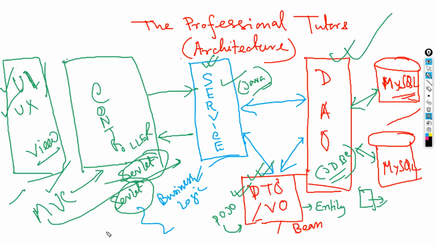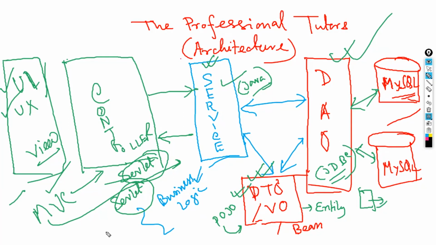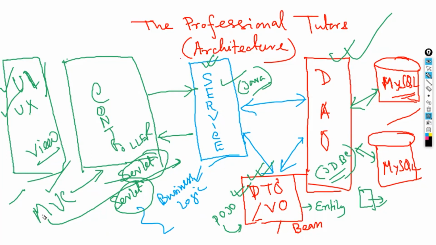Like the alphabet ABCD in English, which will not be obsolete even 20, 50 years from now. Similarly, JSP will never be obsolete. Servlet will never be obsolete. So this is the JSP technology we are going to use.